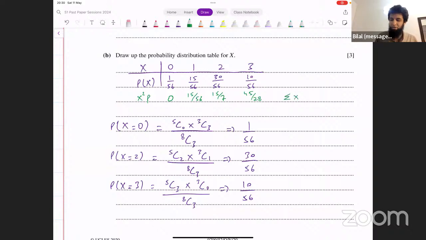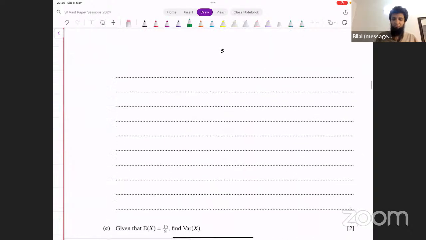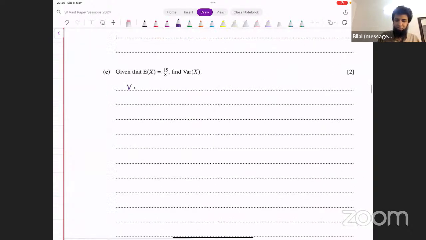You'll get sigma X squared P from this. What's that? 15/56 plus 15/7 plus 45/28. And that's giving me 225/56. Just put that here in the formula. Variance of X. What's the formula for variance of X? It's written in the formula sheet as well. It looks like this: sigma X squared P minus expected value of X whole squared.